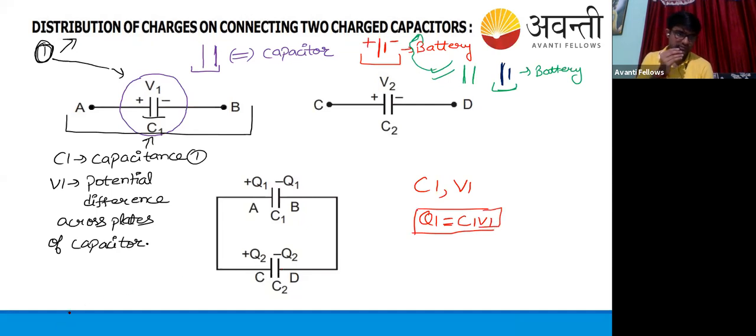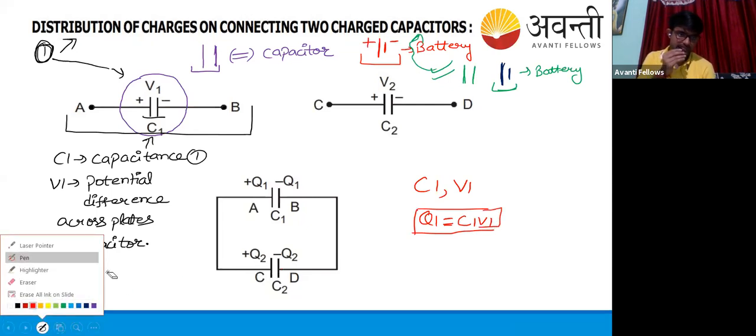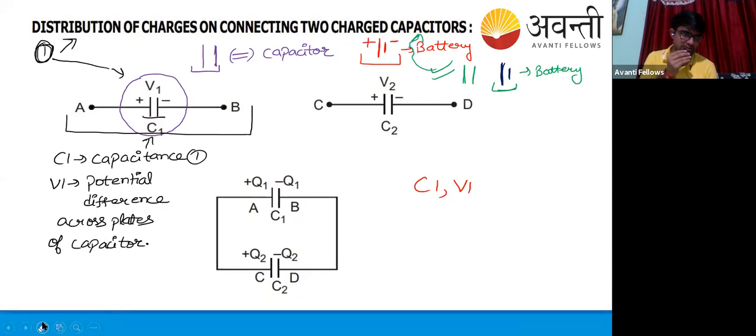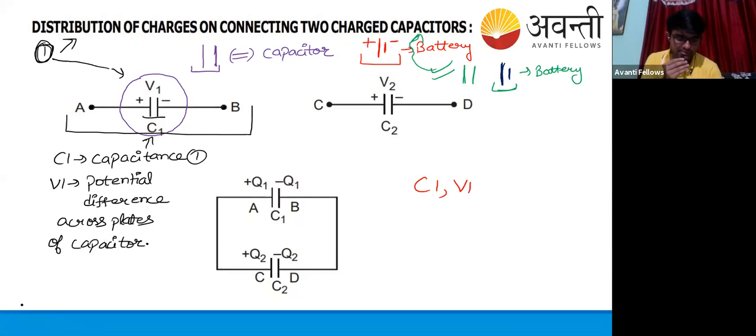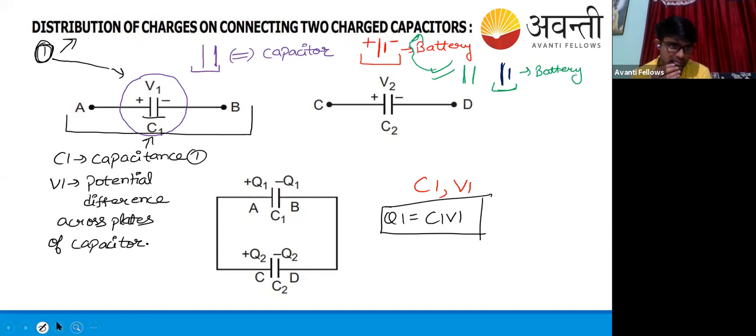So this C1 V1, let me write it properly. C1 V1 is basically the charge on this first capacitor. So what will be the charge? Q1 is equal to C1 V1. So this is the charge.